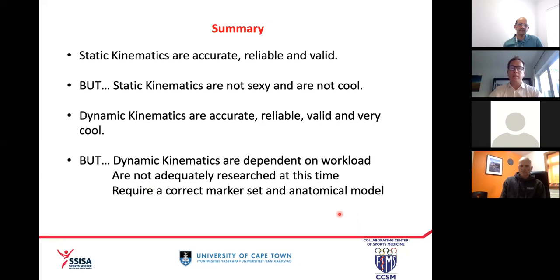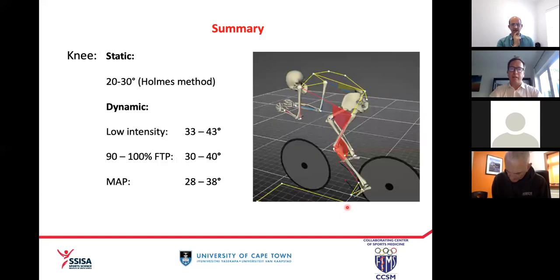And if you cannot adopt an appropriate marker set, an anatomical model and associated software, then you should rely on static kinematics to measure the hip and shoulder joint and use a combination of tools that you know and understand to measure those different joints accurately and reliably and validly.